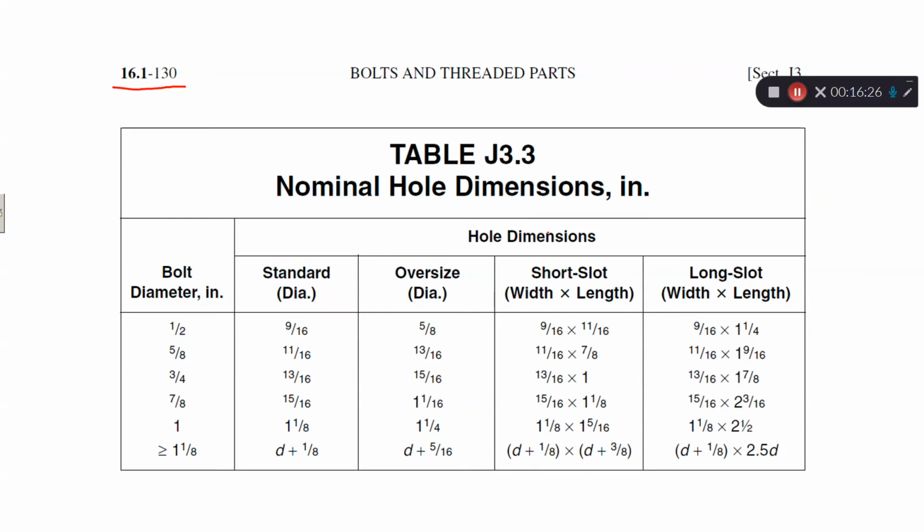This table gives you the nominal hole dimensions in inches. For a bolt diameter less than 1 inch, the standard hole nominal dimension is d_b plus 1/16. For bolt diameters greater than or equal to 1 inch, it is equal to d_b plus 1/8. That is for standard holes only. Oversized holes have different hole dimensions.